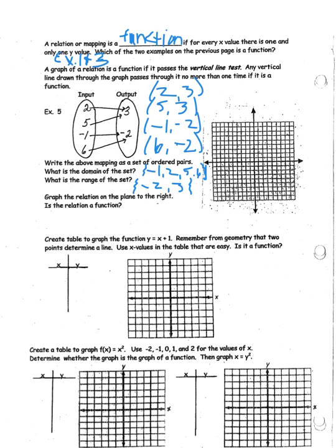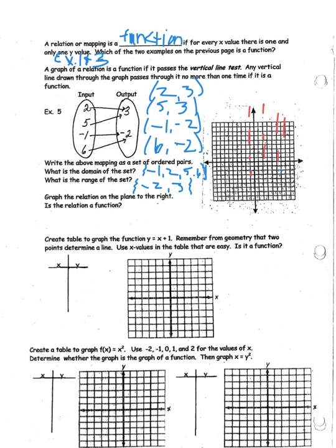Graph the relation on the plane to the right, and then determine if the relation is a function. So if we plot these points, and we perform the vertical line test, we can see that we're only going to hit one point when we go through the graph.